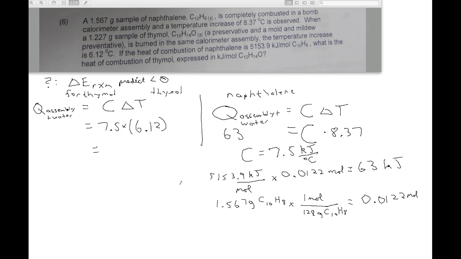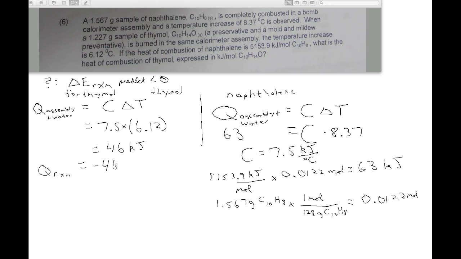Now Q for the assembly is equal to 46.14 kilojoules. So if that's Q for the assembly of thymol, then Q for the reaction is equal to negative 46.14 kilojoules.